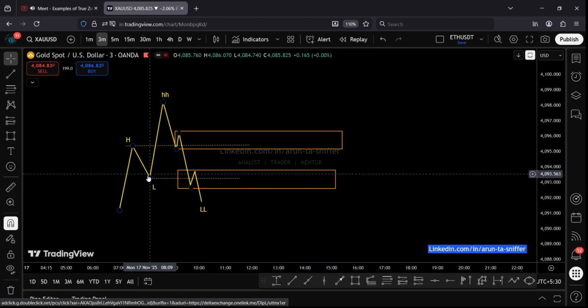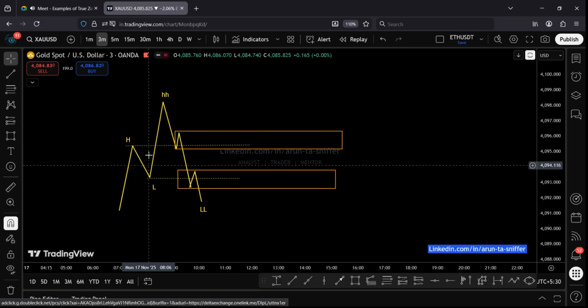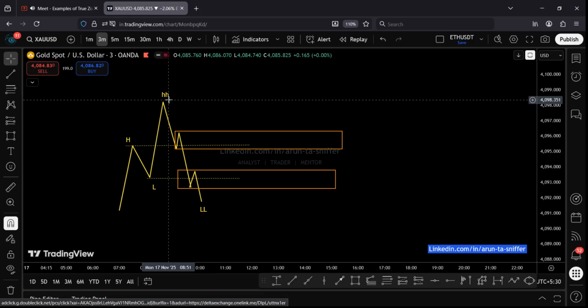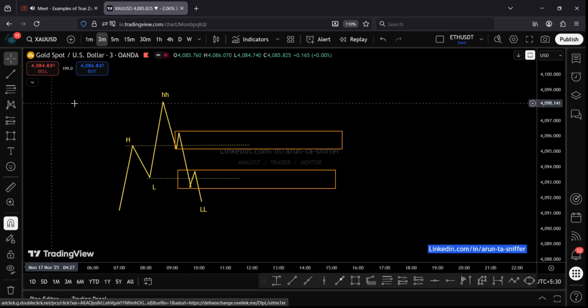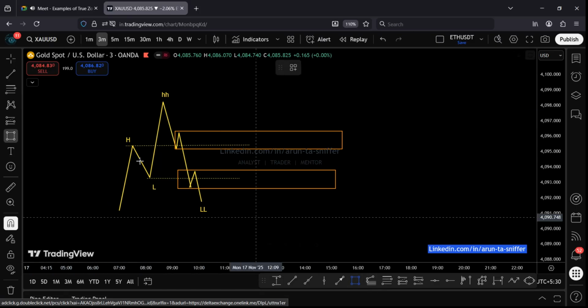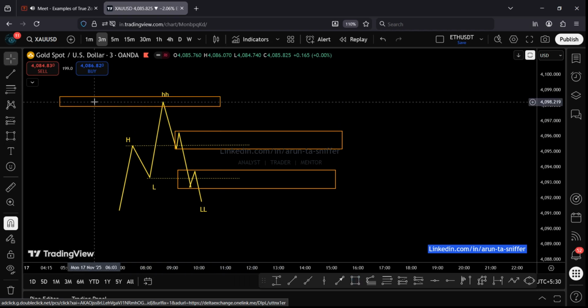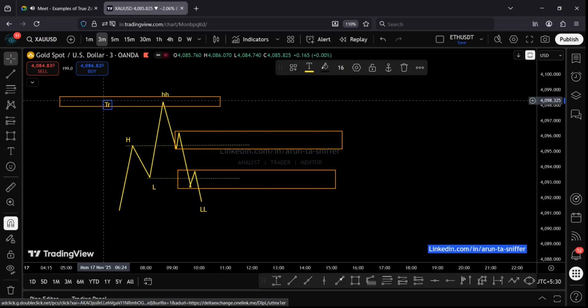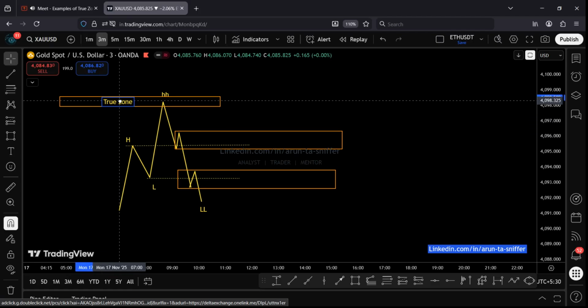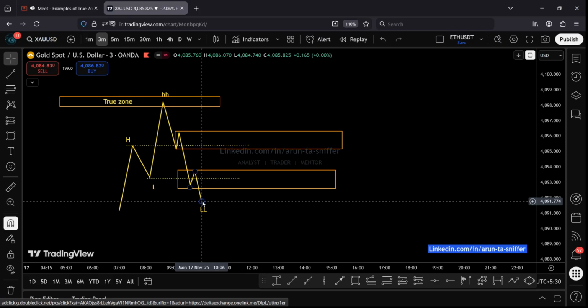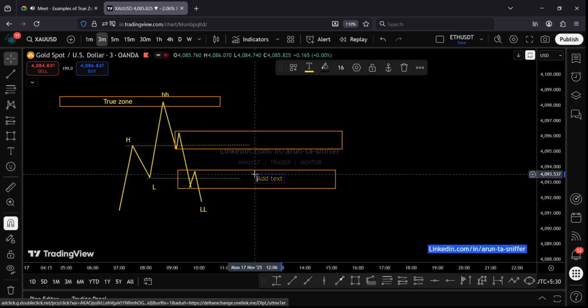So if price goes up from this low to a higher high, and if this is reacting to a true zone, if this is a true zone, then this zone is our RSFL.